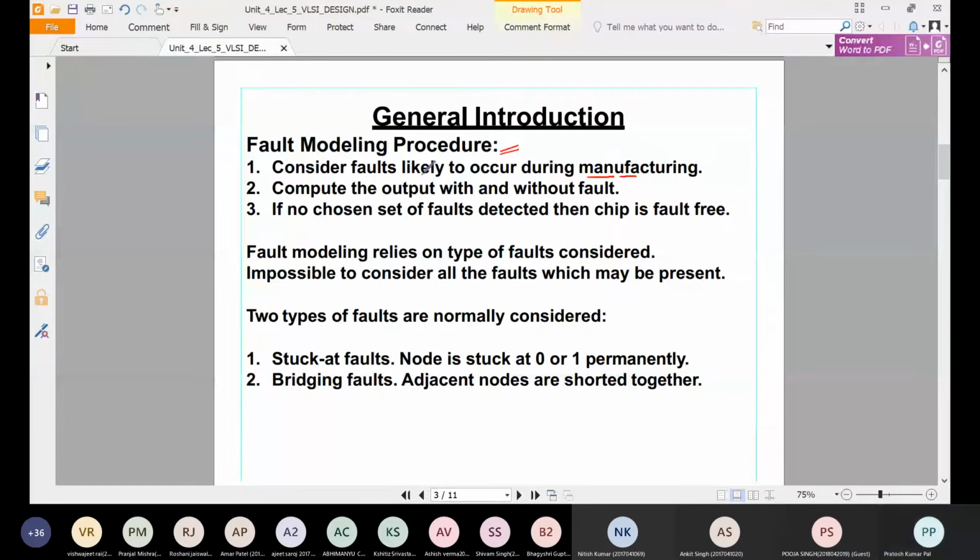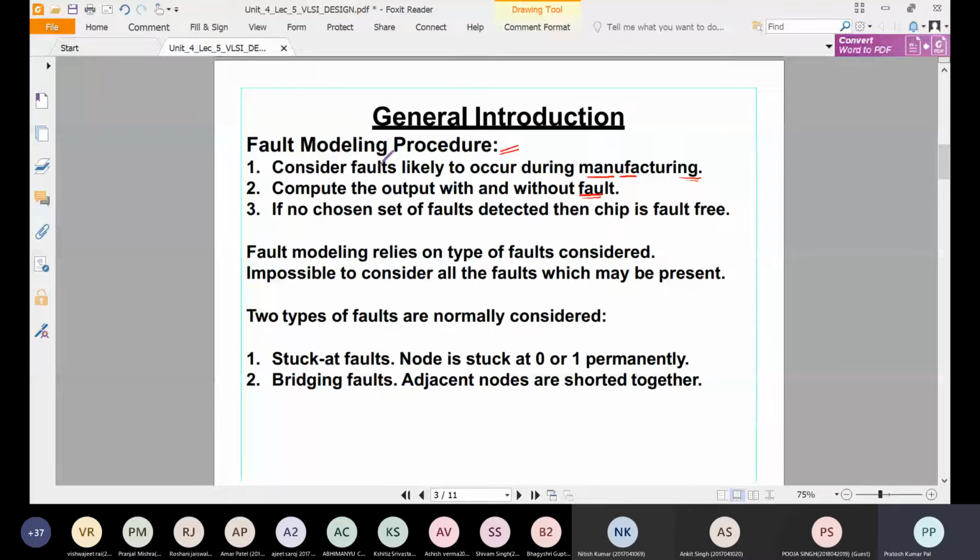Now, whatever faults have occurred at the manufacturing time, we will compute the output with and without fault.